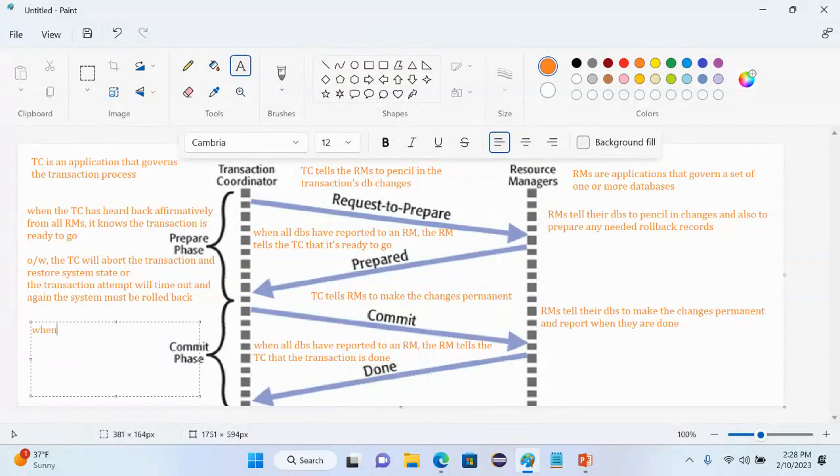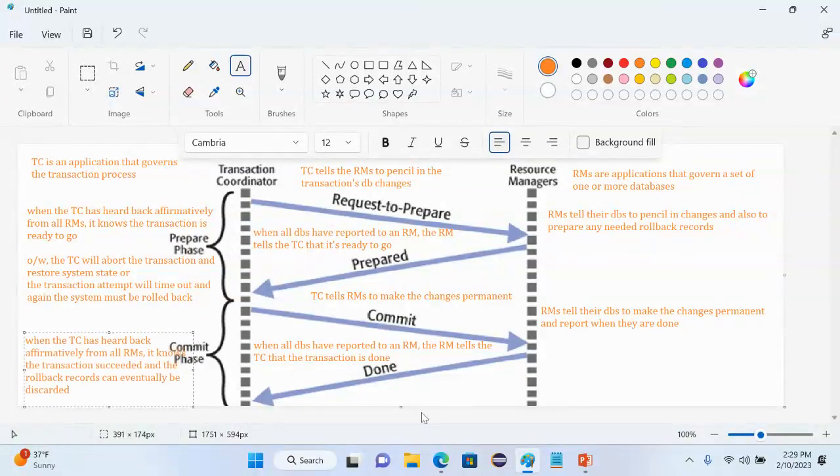Once again, when the TC has heard back affirmatively from all RMs, it knows the transaction succeeded and the rollback records can eventually be discarded, right? It's not usually super urgent to throw away the rollback records, but you're not going to keep them for a very long time once you know the transaction is done.